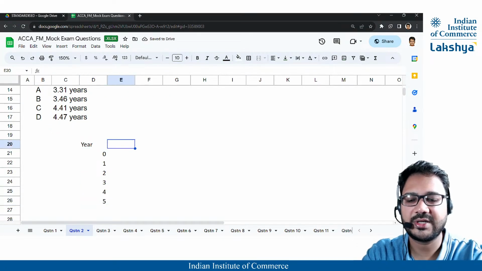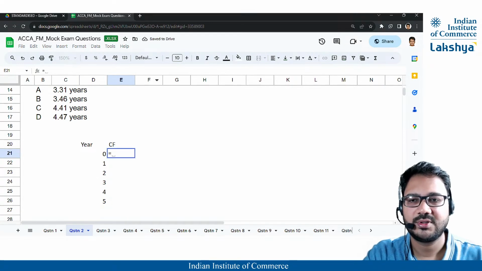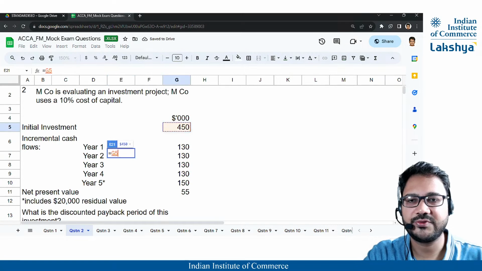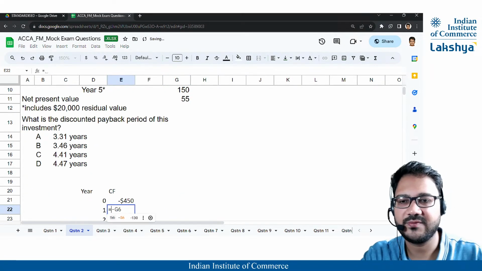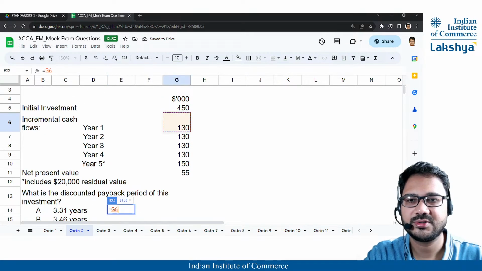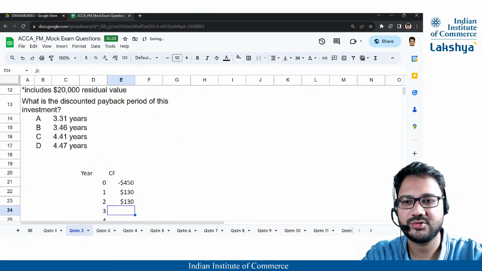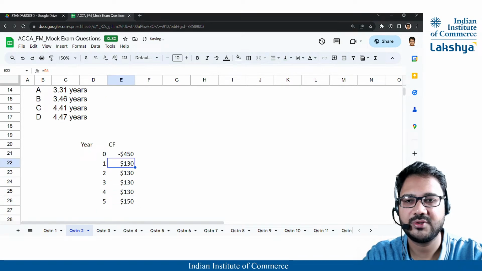Then we need our cash flows. Now there is initially an outflow, so I'll put it as negative. Then we have inflows. So here 1, 2, 3, 4, and 5.